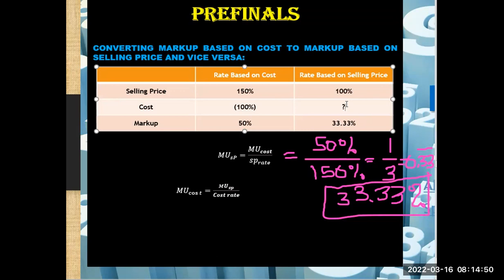How about the rate based on selling price? Using this formula here, markup based on cost is equals to markup of selling price. Where is our selling price? Selling price is 100.